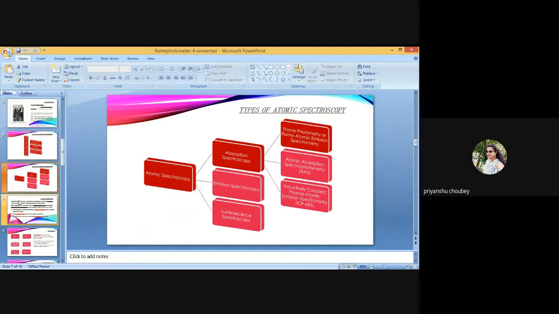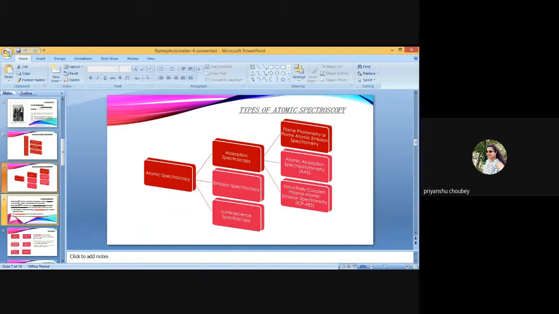Steps of switching off the AAS. Turn off the gas supply from the cylinder first. Wait for the exhaustion of the flame and then turn off the fuel control knob.